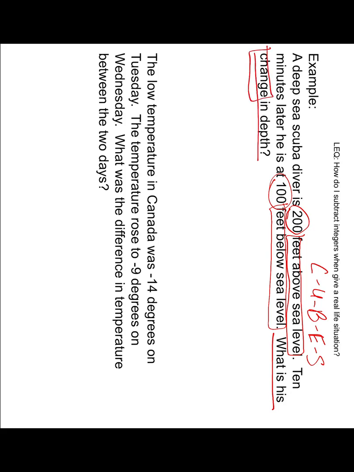All right, so if we're starting out 200 feet above sea level, that means it's going to be a positive. 10 minutes later, he is at 100 feet below sea level, so we know that's going to be a negative. What is his change? Change tells us we need to subtract. So I have 200 minus 100.